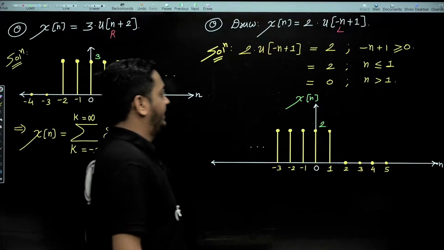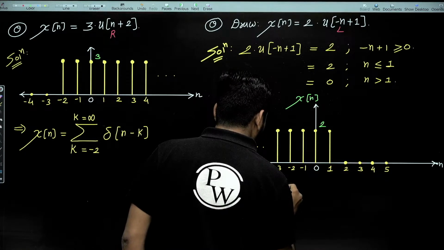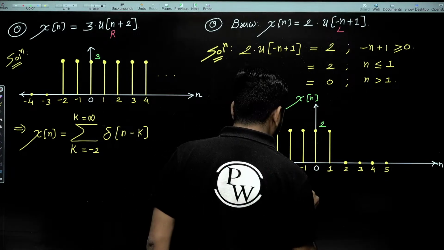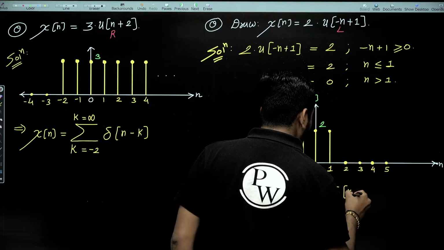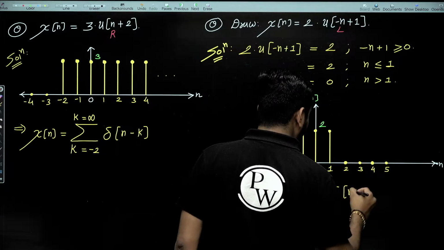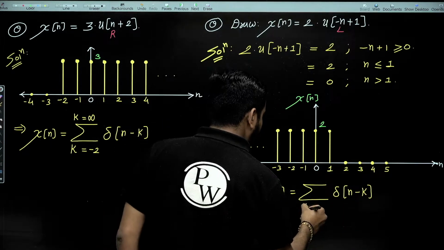In the similar way, suppose I want to write this signal in the form of impulse. So summation, del n minus k, same thing here. Here del n minus k is fixed. What is the limit?